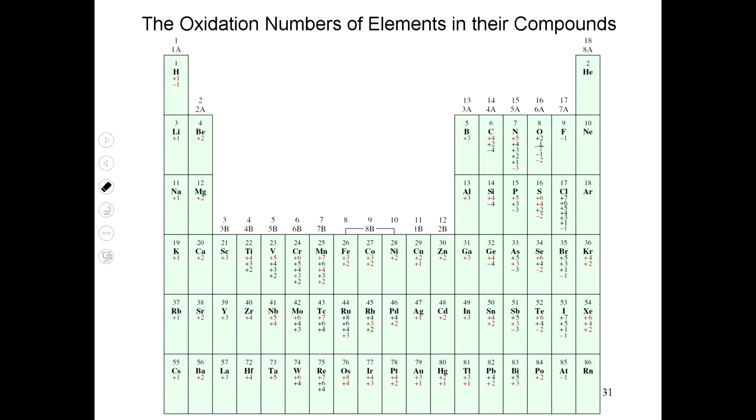This table shows the common charges of these elements. For example, there's plus 1 charge, plus 2. And fluorine is basically always minus 1. But for others, the table shows many different charges.